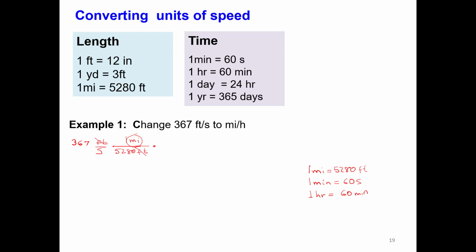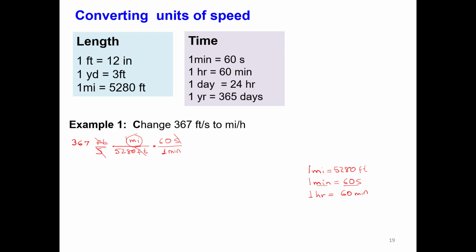We had seconds in the denominator, so we need seconds on top. In this way, seconds cancel out. Then we write 60 seconds on top and 1 minute in the denominator.